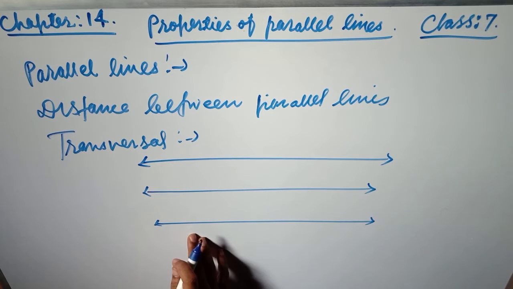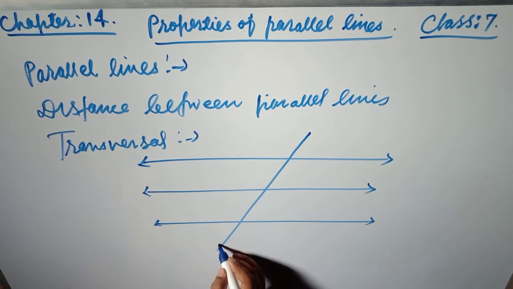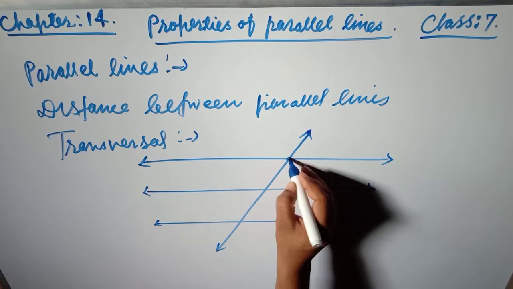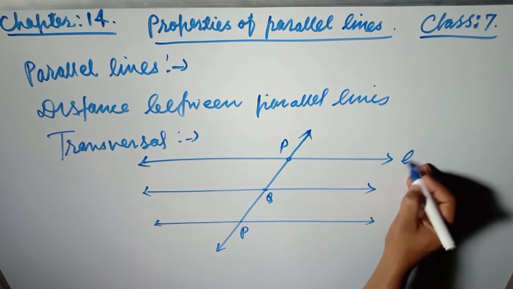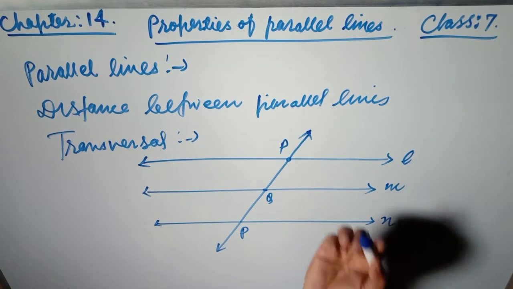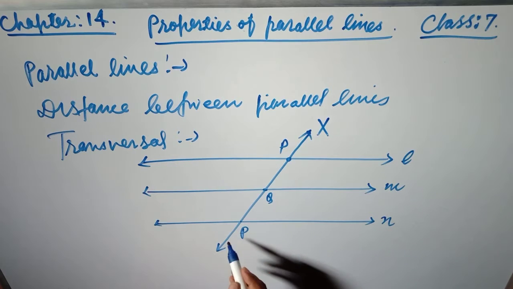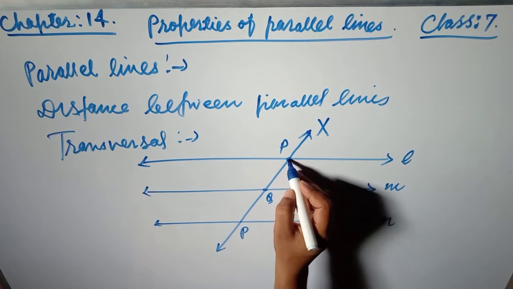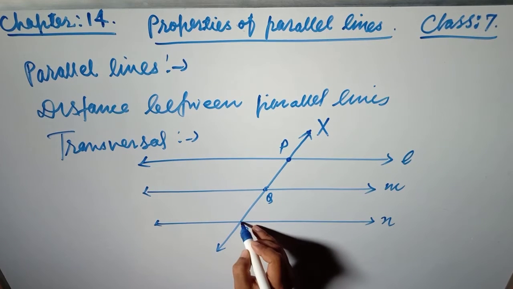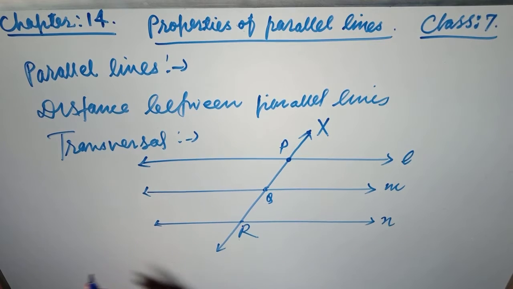This is L, M, N, and there is another line, suppose this is X. X is the line which intersects these three lines at distinct points, namely P, Q, and R. So this line X is known as the transversal.